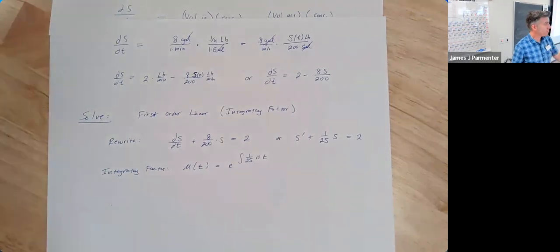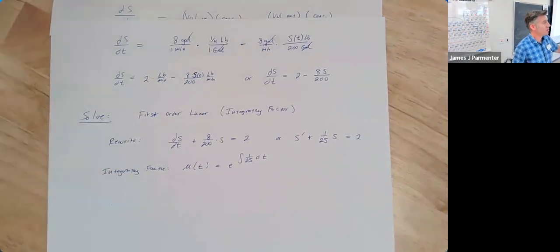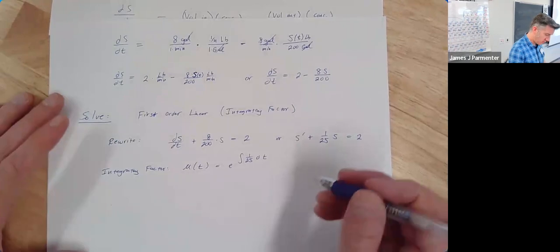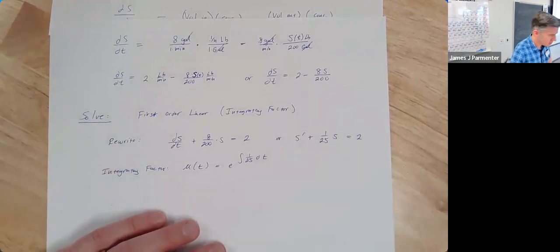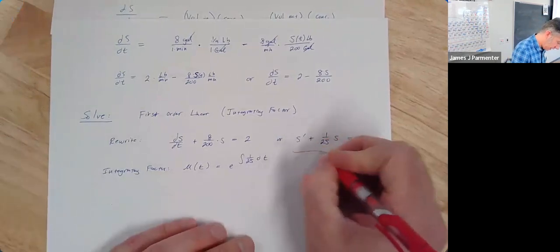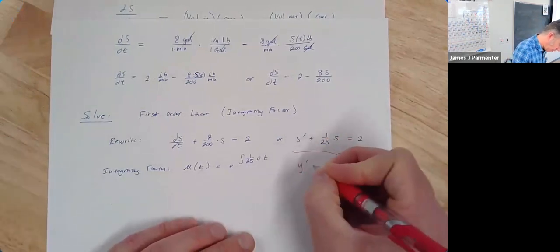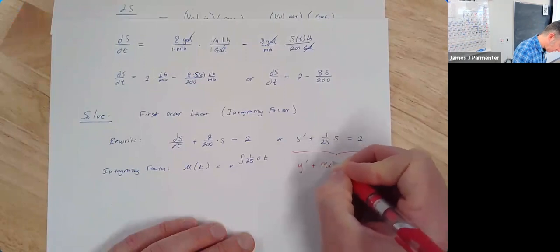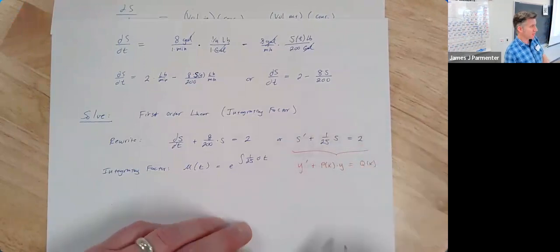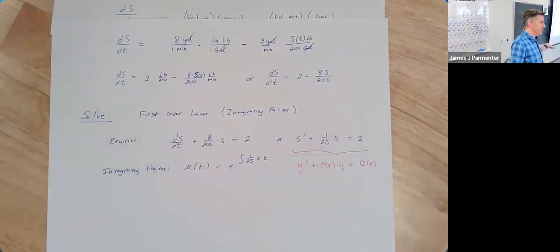What we do with mu, how does that show up? We haven't done anything with mu yet, but the way we get mu is we have to write this in the standard form, which is generally y prime plus p of x times y equals q of x, except here we're using s instead of y and t instead of x.